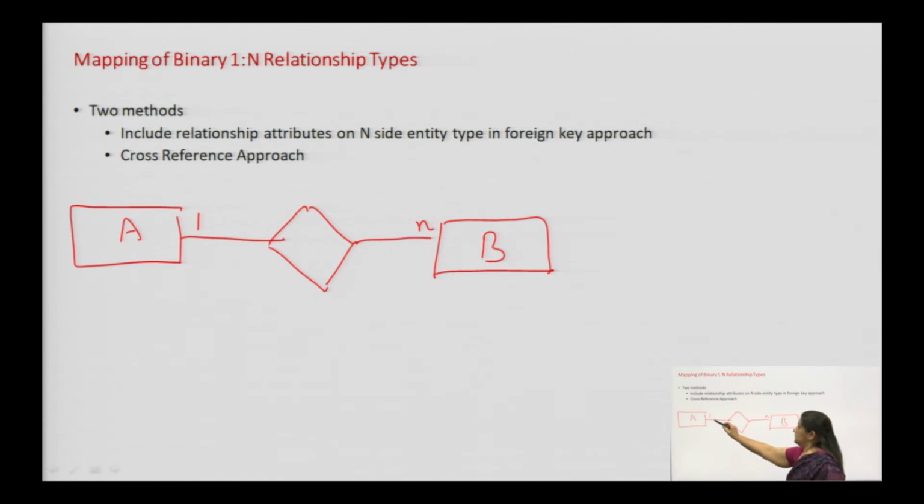That an occurrence or instance of A can be associated with any number of instances of B, and an instance of B can be associated with only one instance of A. Similarly, we can have an n:1 relationship where an occurrence of A can be associated with one occurrence of B, and an occurrence of B can be associated with any number of occurrences of A.